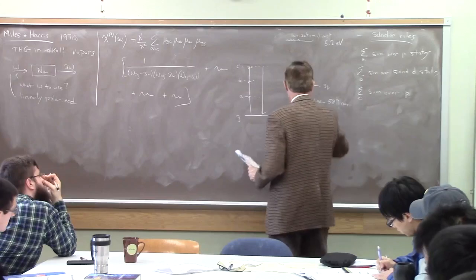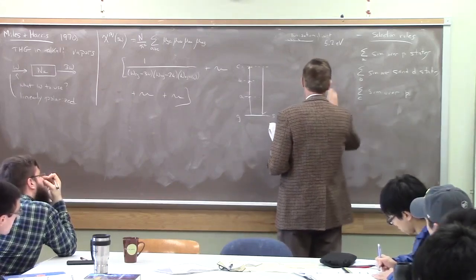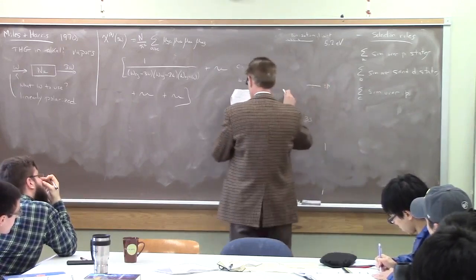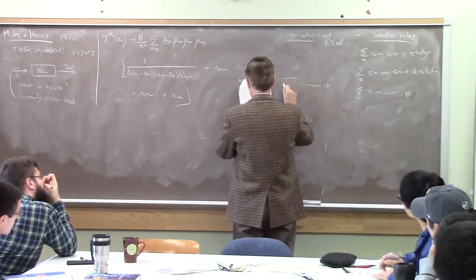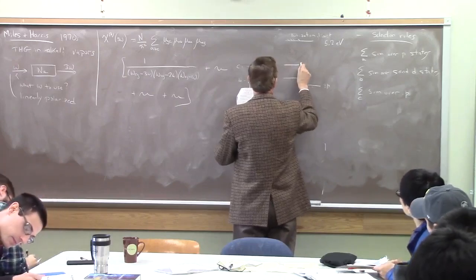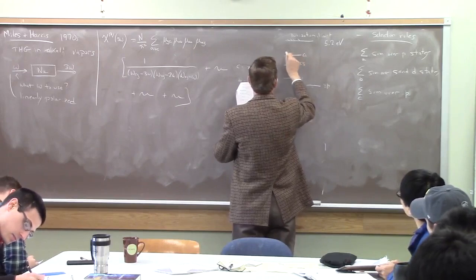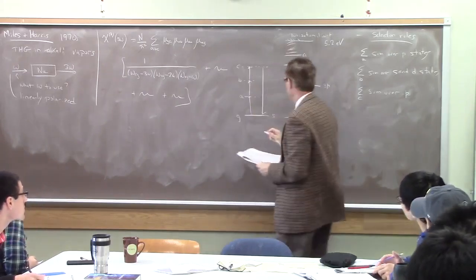Let's erase that, just to keep the diagram cleaner. So you have a 3p state here, 4s, 5s, 6s, and then they get all bunched together up here.